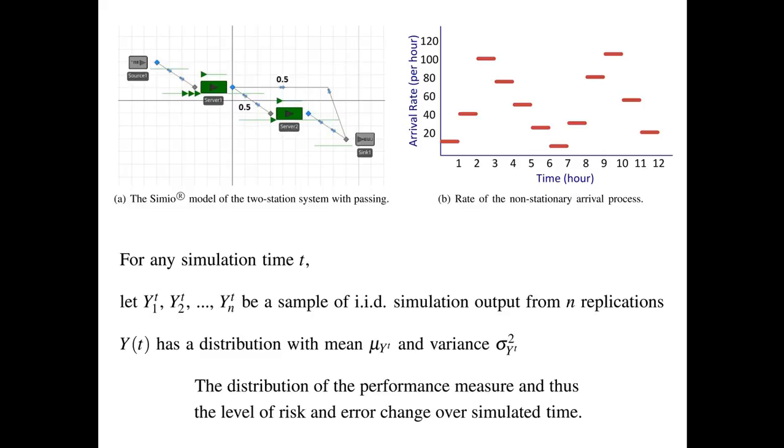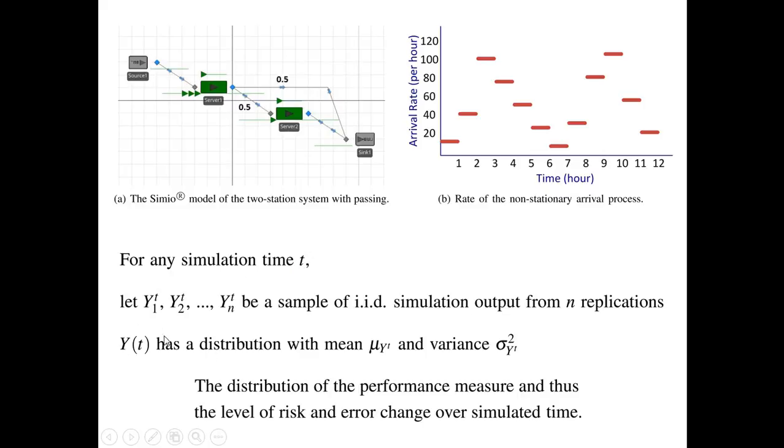Mathematically, for any simulation time t, we let y1 of t be the number in system at that time t from replication 1. y2 of t will be the number in system at the given time t from replication 2, and so on. So we have a sample of IID simulation output from n replications for any time t.